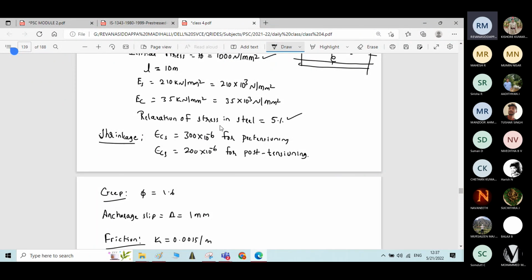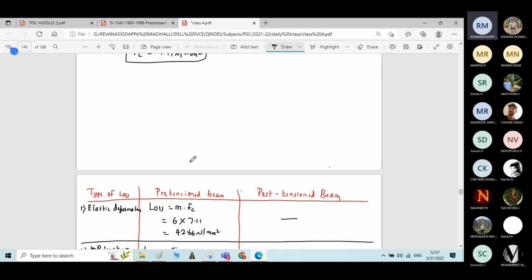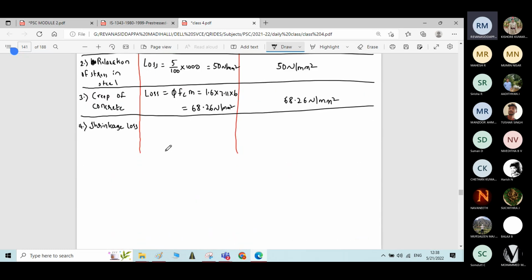Epsilon CS for pre-tensioning is 300 into 10 power minus 6, and for post-tensioning is 200 into 10 power minus 6. Loss is equal to epsilon CS into ES, where ES is 210 into 10 power 3.